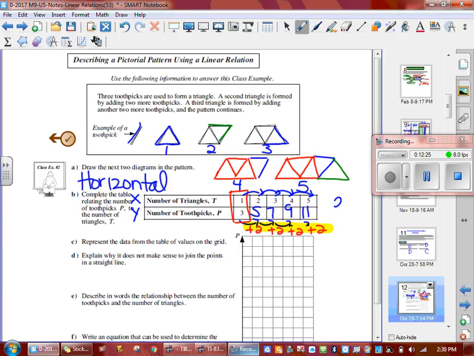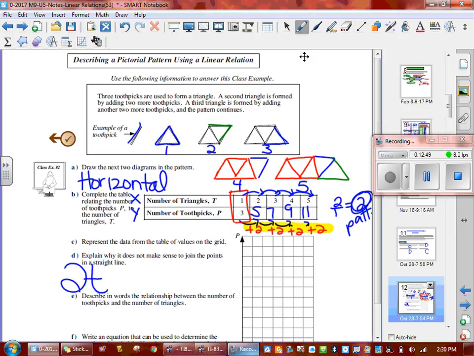So now we've found the pattern. This pattern number has to sit in front of the x variable, and our x variable in this case is t for toothpicks. So that means our equation starts with 2t, 2 toothpicks. So we know that much so far.